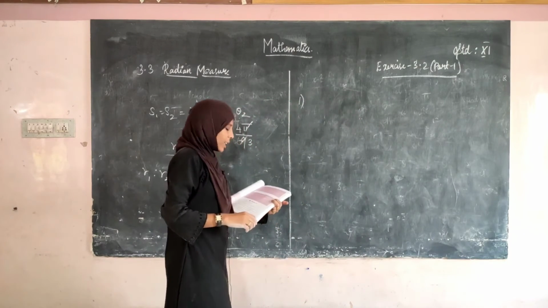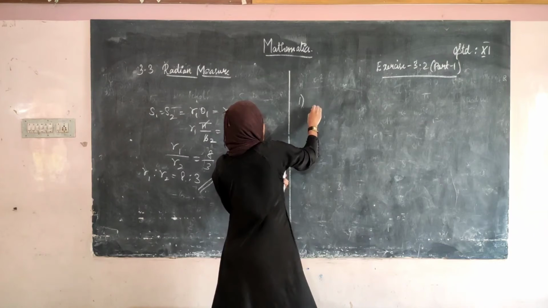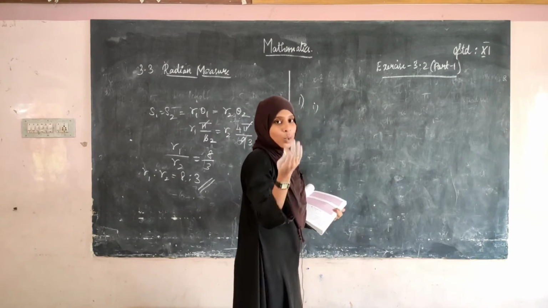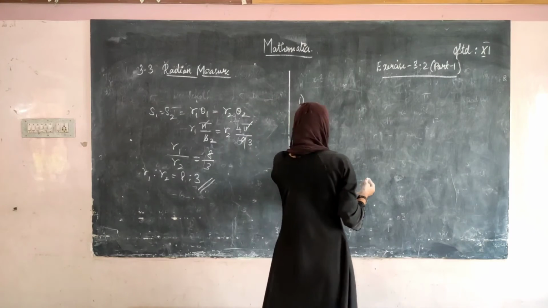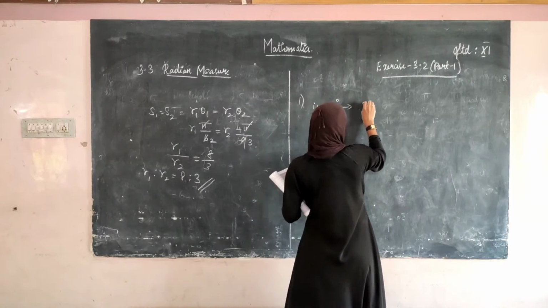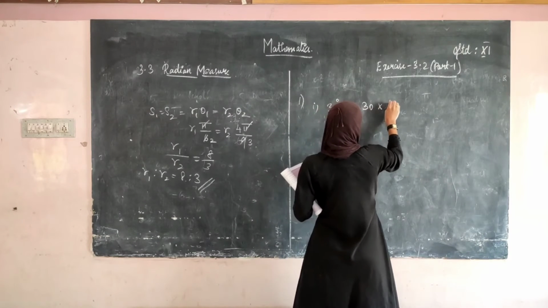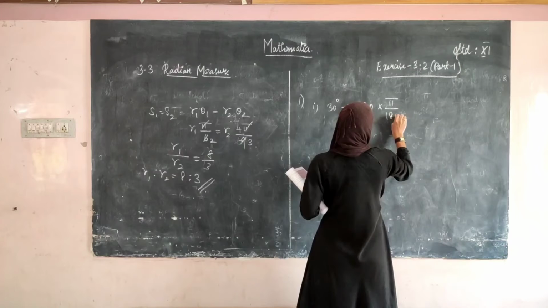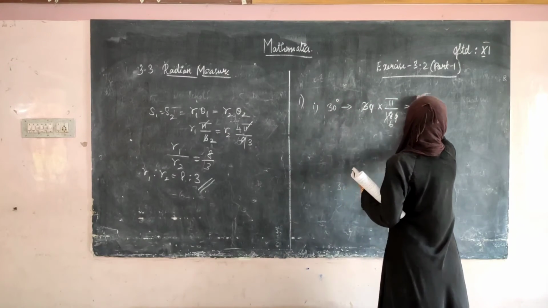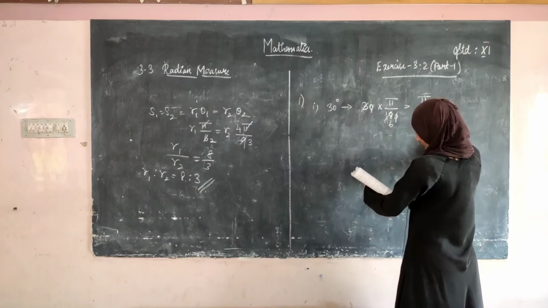Express each of the following angles in radian measure. They have given angles, and you have to convert them to radian measure. Degree to radians, 30 degrees. How will we change it? Degree to radians means multiply by pi divided by 180. This is equal to pi by 6 radians.